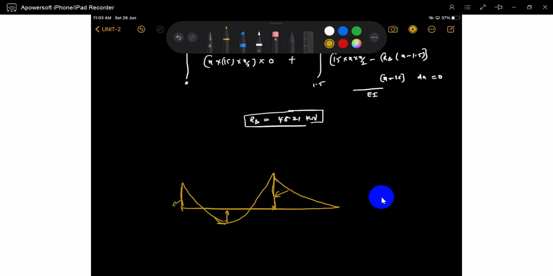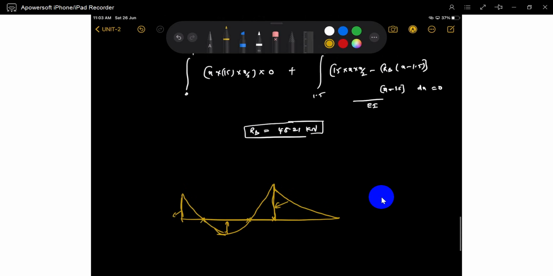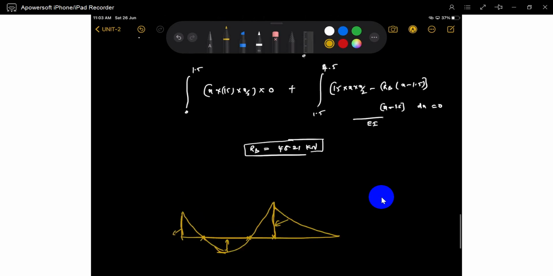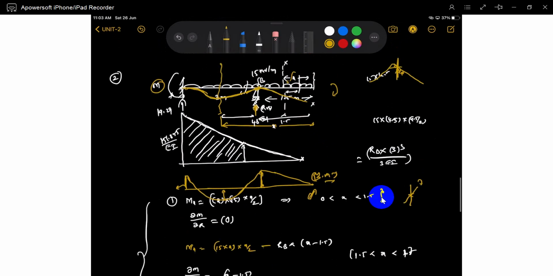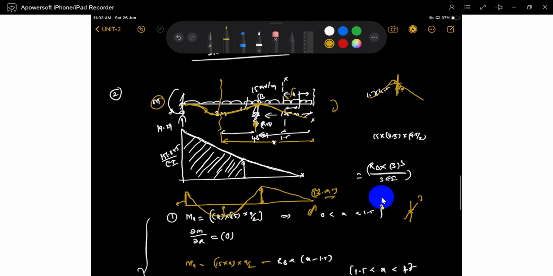But you can easily assume the shape of the bending moment diagram. It has two curvature change points, where the curvature changes.